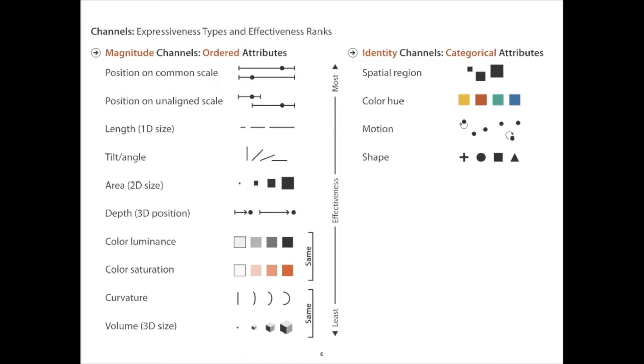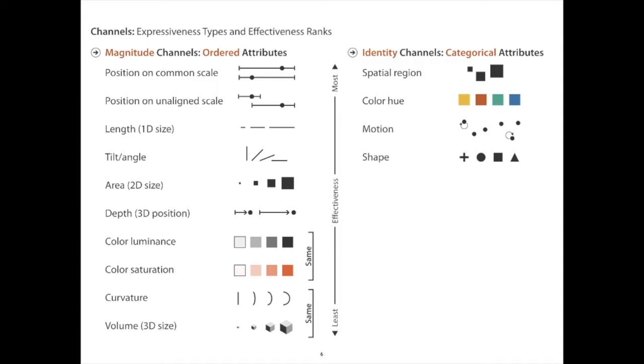These channels also have different expressiveness types and effectiveness ranks. So for example, we have the magnitude channel for ordered attributes. And here in this list, you can see their effectiveness ranked from the most effective on the top to the least effective on the bottom.